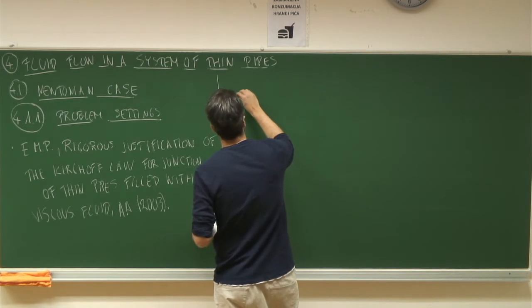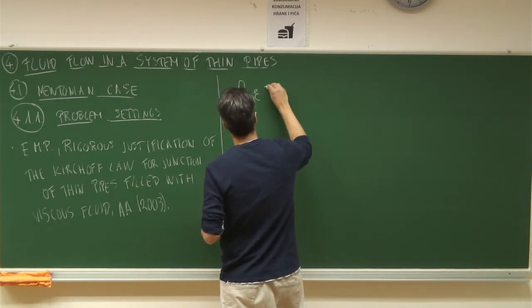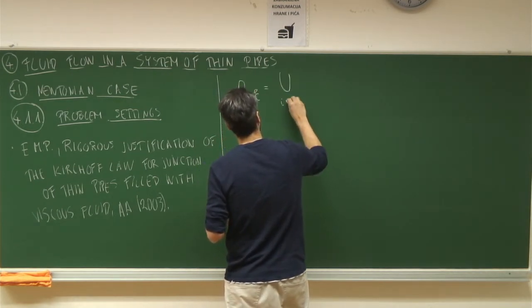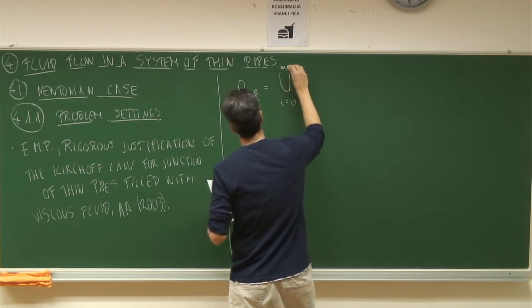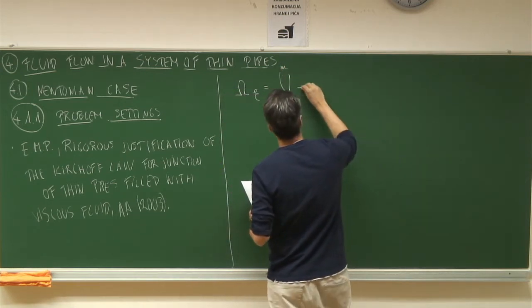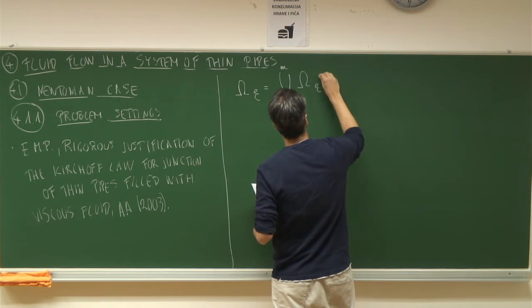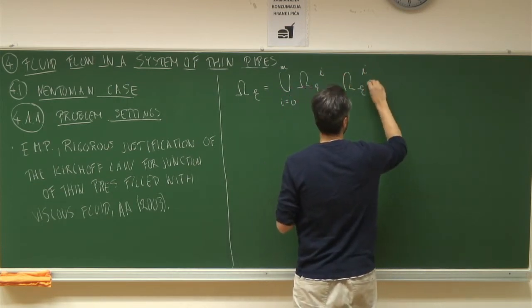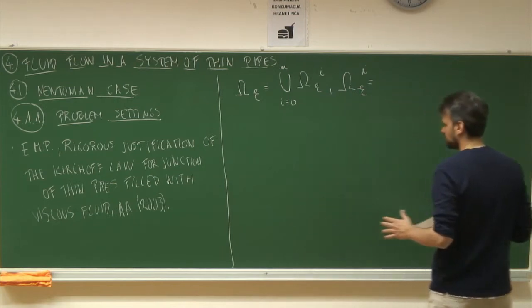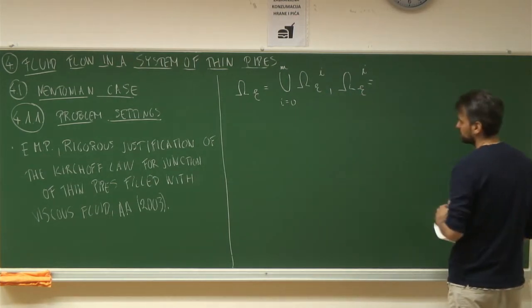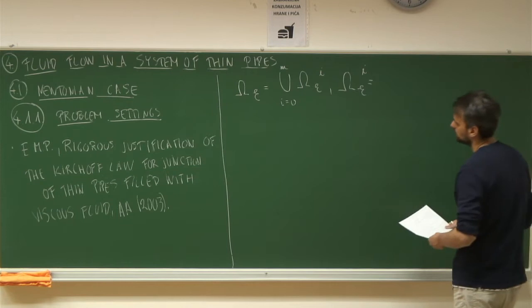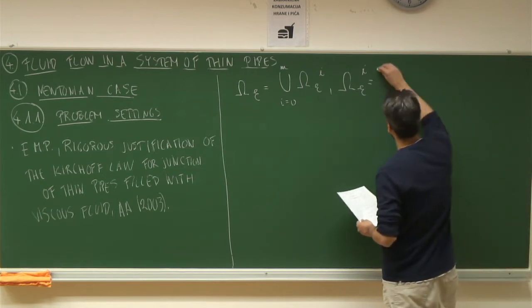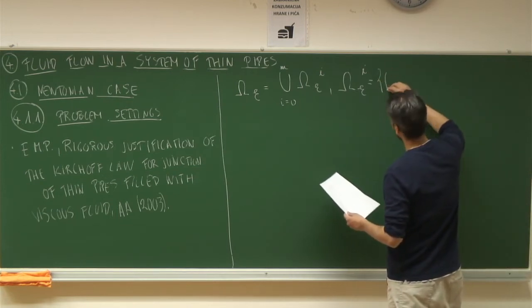You have omega epsilon, which is basically a union of m+1 sets, omega epsilon i. There will be a lot of different notation because you need to consider near the junction, away from the junction, as a whole. So the notation is maybe a bit confusing, but it's the best that you can do.